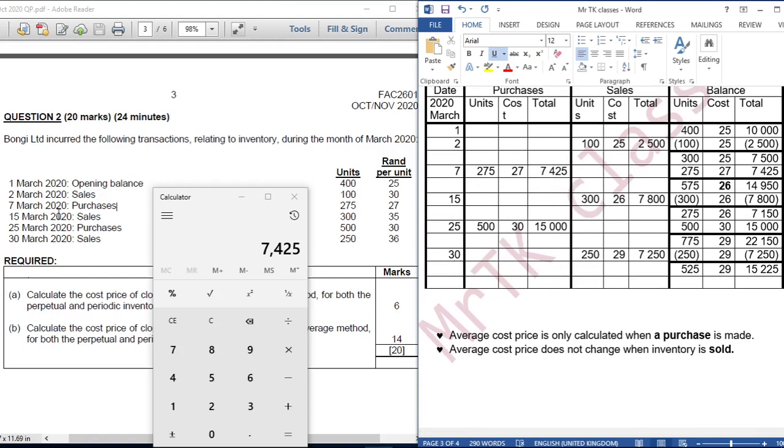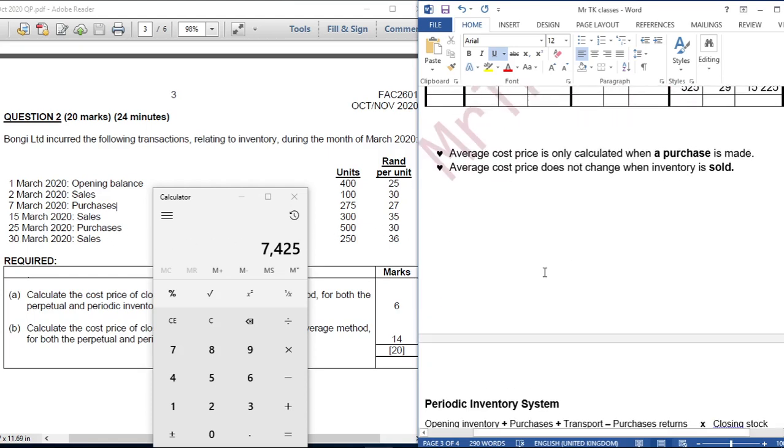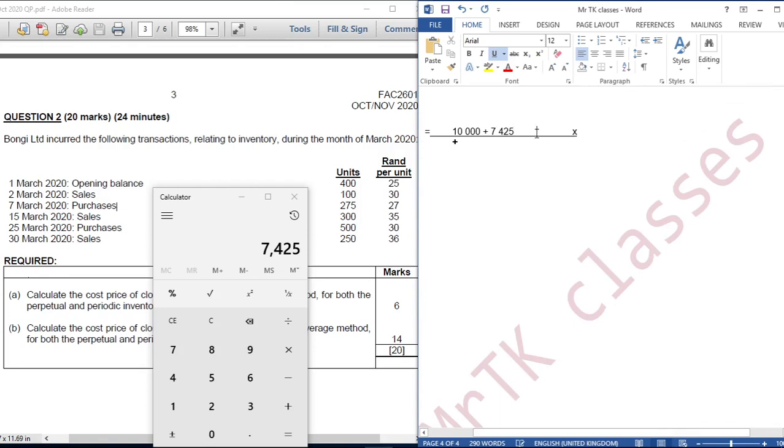All right, this is our purchase. Then we have another purchase on the 25th. This one, 15,000 is the total, right? Let us just come here and add 15,000. Then our denominator, we are now dealing with units.